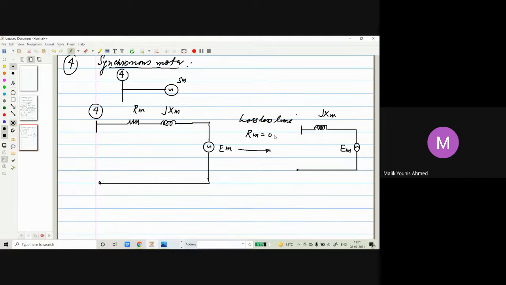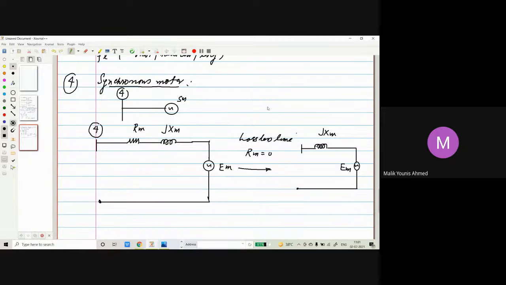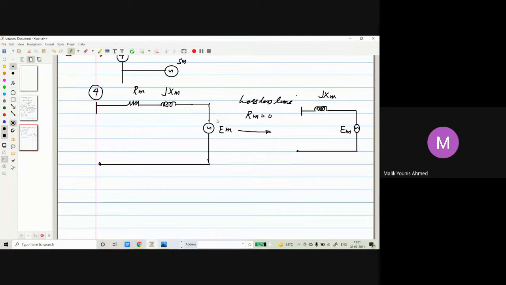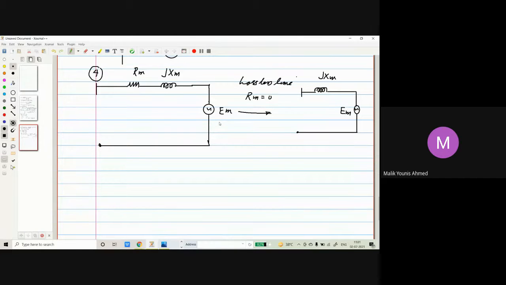So this is for the synchronous motor. First is for the per unit system, how we represent. Second is for the absolute system. So we can again see that in an absolute system, lots of things have to be included, and single line diagram is, as usual, the concise way of representing the power system components.